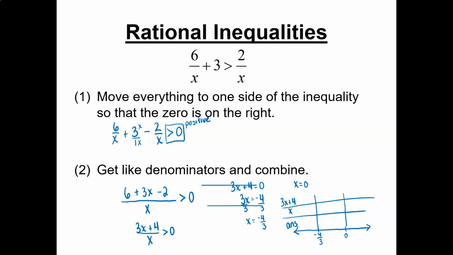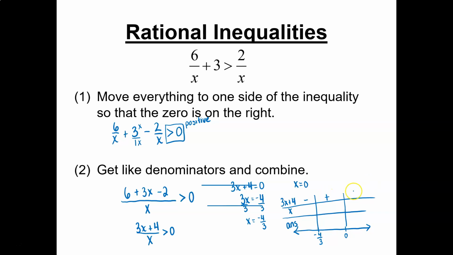So, for this, we've got 3x plus 4. So if I think of plugging in a number less than negative 4/3, so something like negative 2 or negative 3, negative 4, say negative 4. 3 times negative 4 plus 4 is going to give us a negative there. But if I plug in something here, like negative 1, 3 times negative 1 would be negative 3 plus 4. That'll give me a positive in that section.